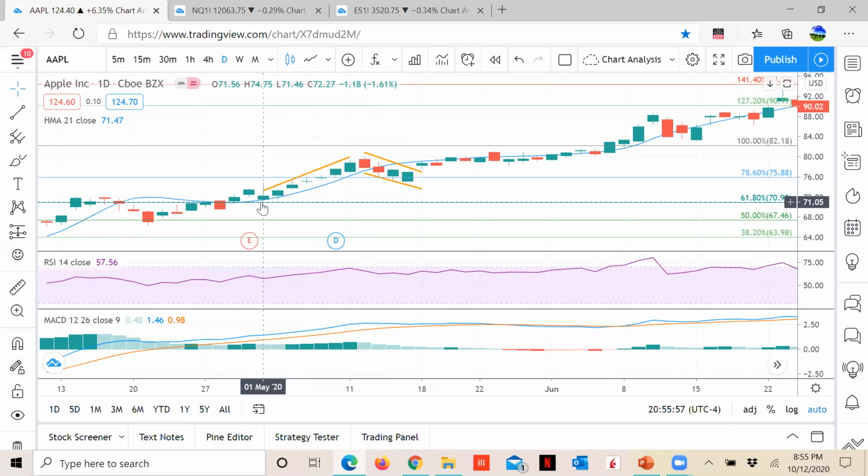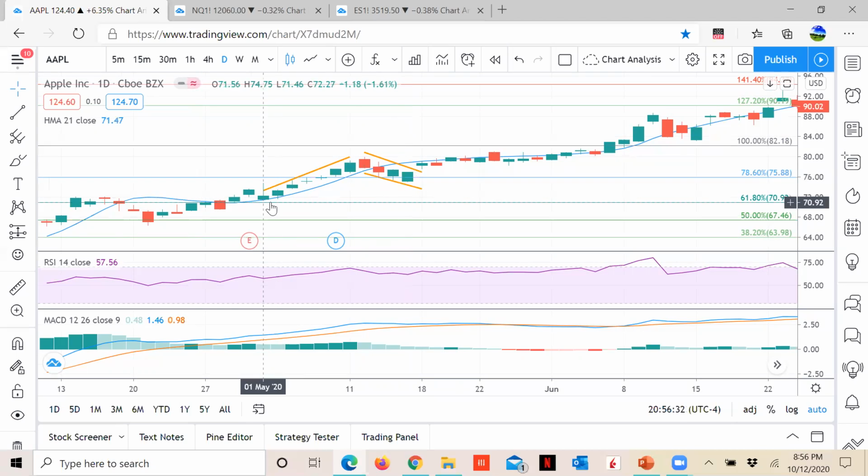Let's say the bottom of the flagpole is 71. Let's say the top of the flagpole is 77. Generally, it's just a rough calculation. So this difference is 6, and whatever this number is here, the close was 78 or something.